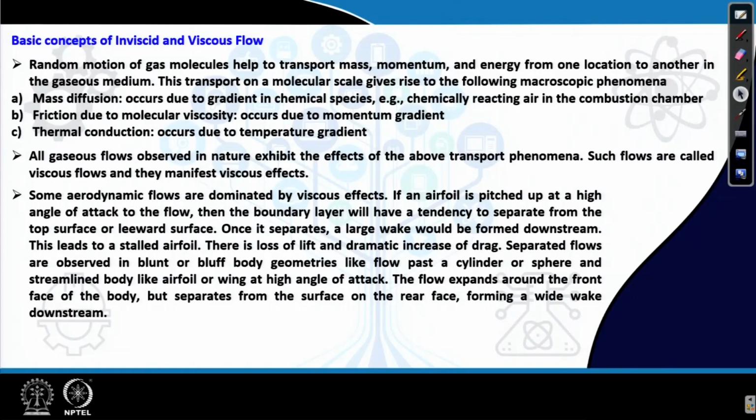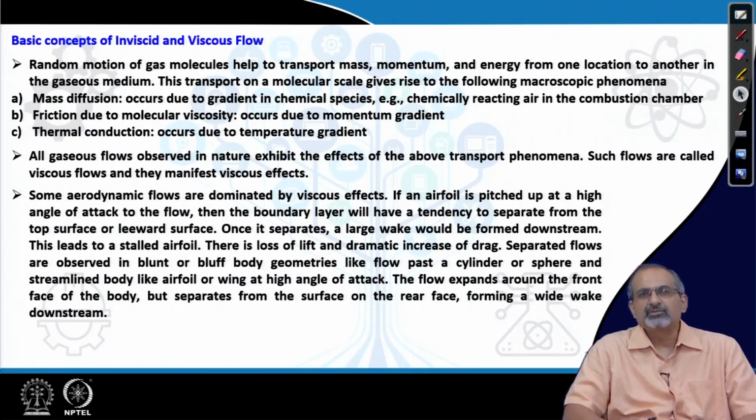Now, in all gaseous flows observed in nature, you would be able to see these transport phenomena in action. Such flows are called viscous flows, and they manifest these effects, which we call viscous effects. Not all of them may be simultaneously present, but some of these effects would be present in all viscous flows.